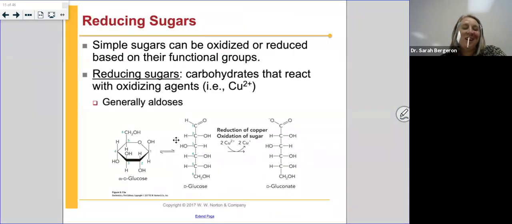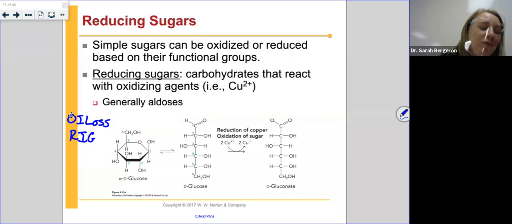So reducing sugars. When we talk about reducing sugars, basically what you're looking for, do you know oxidation reduction? OIL RIG, right? You remember this? So oxidation is loss of what? Electrons. Reduction is gain of electrons.